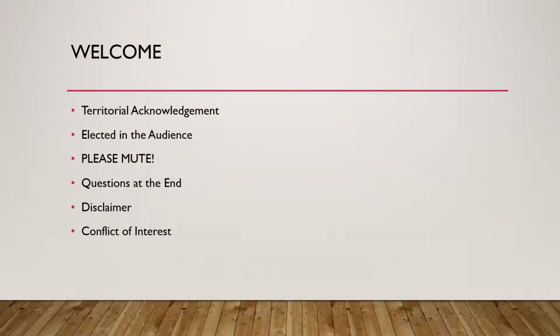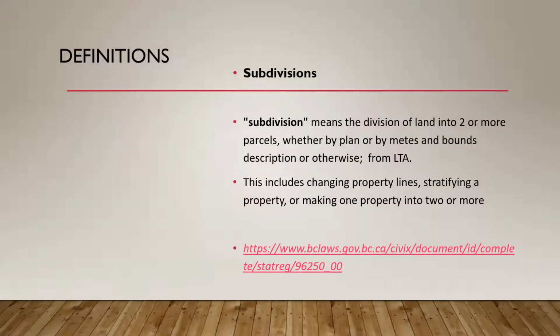So with that, we will go on and we will start with some of our definitions. So a subdivision is a division of land into two or more parcels, whether by a plan or metes and bounds, and this is from the Land Title Act. And so this can include changing property lines, stratifying a property, or making one property into two or more.